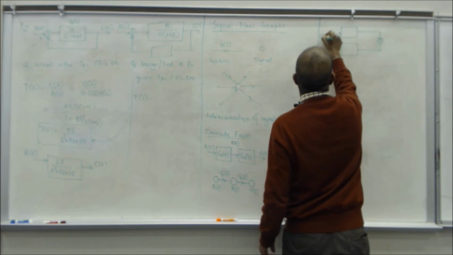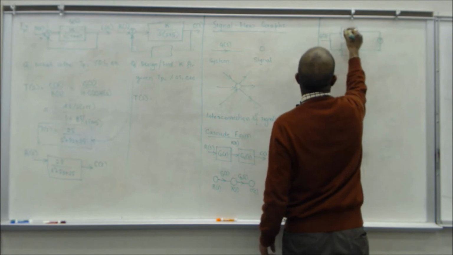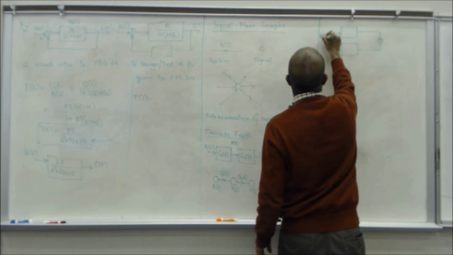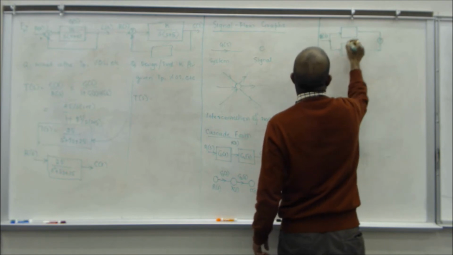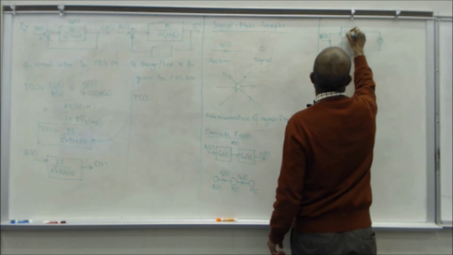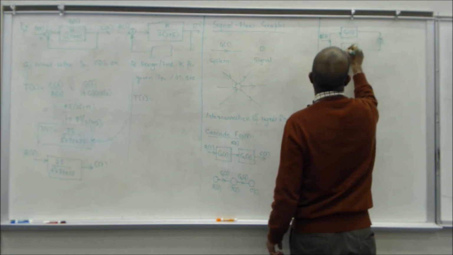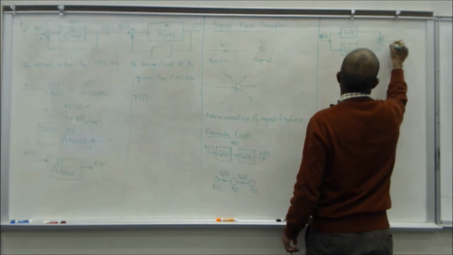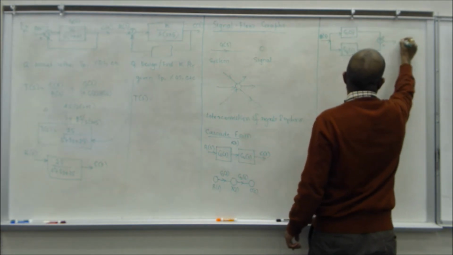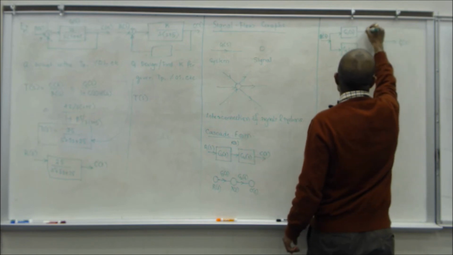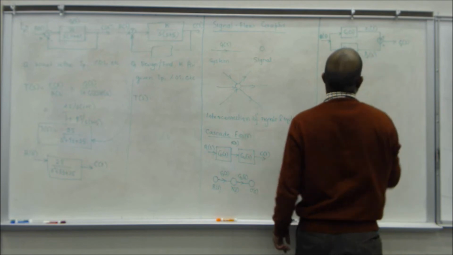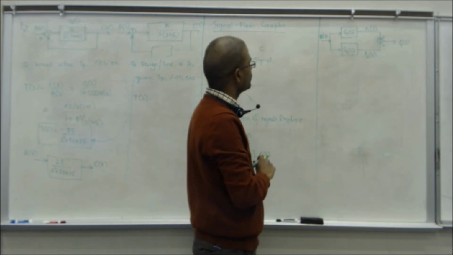So G of S. Sorry, this is R of S. Okay. So how many signals do you have here?